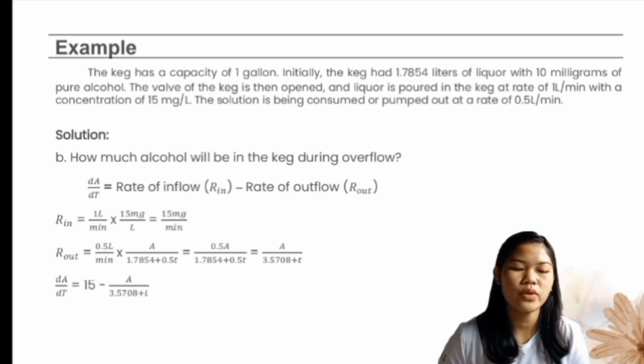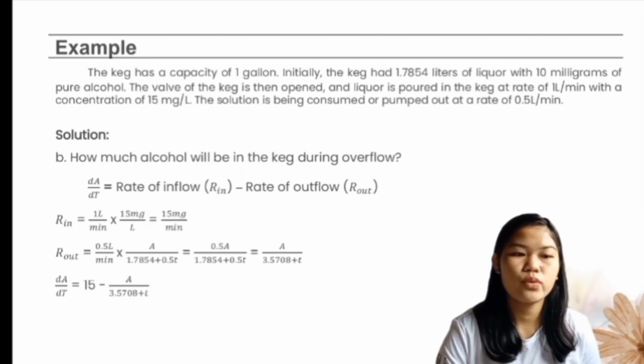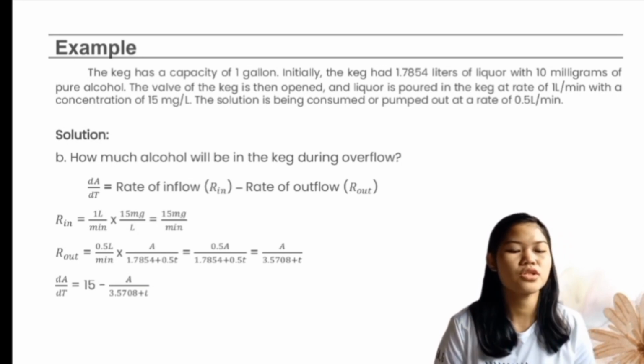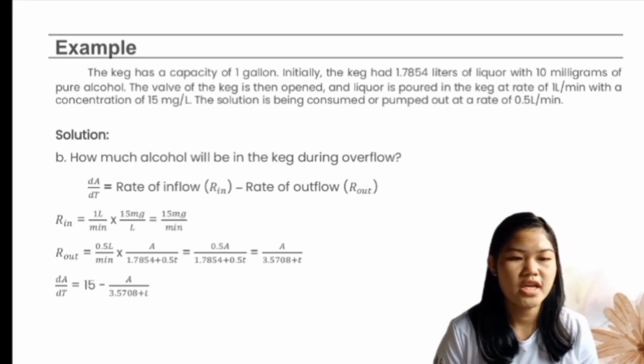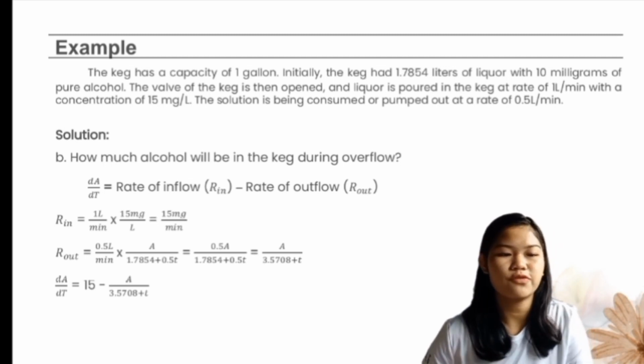the amount of liquid flowing into the keg per minute, which is 1 liter per minute, times the amount of alcohol per liter, which is 15 milligrams per liter. So our rate of inflow is equal to 15 milligrams per minute. Okay, now our rate of outflow.